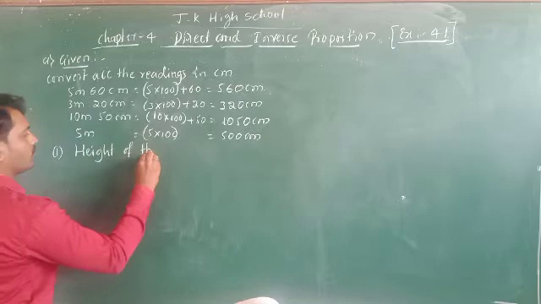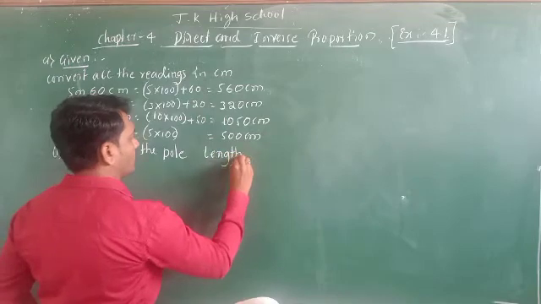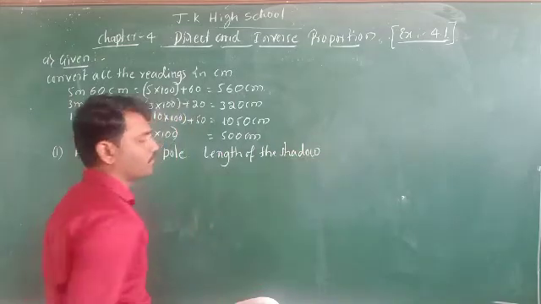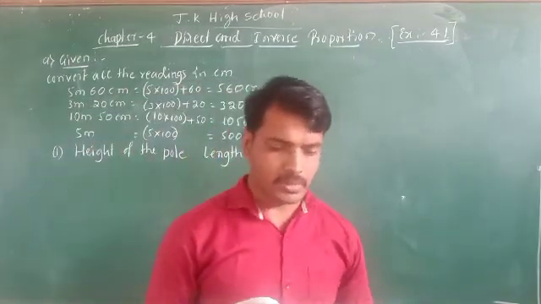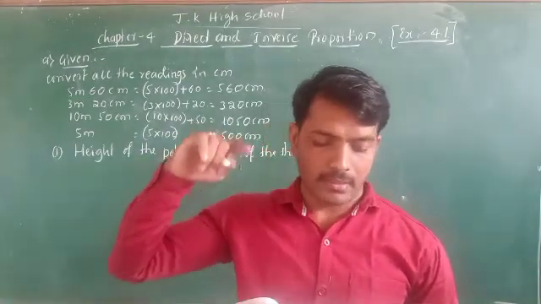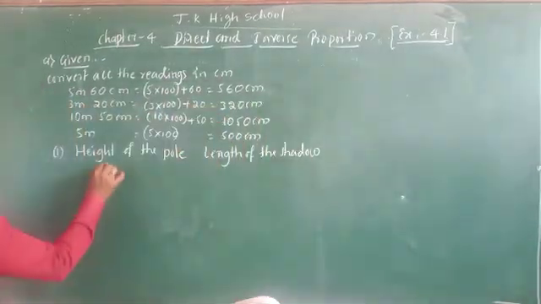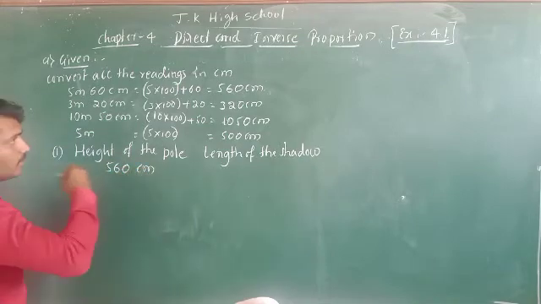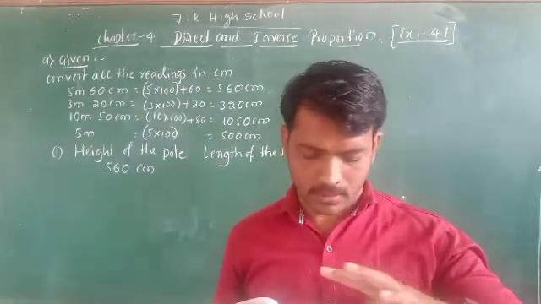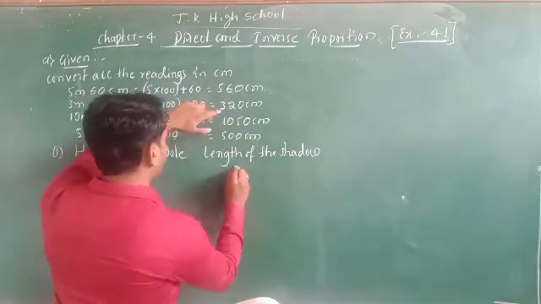Height of the pole is 5 meter 60 centimeter, a vertical pole casting a shadow. 560 centimeter casts a shadow of 3 meter and 20 centimeter long, which means 320.